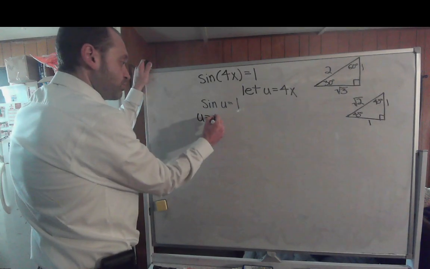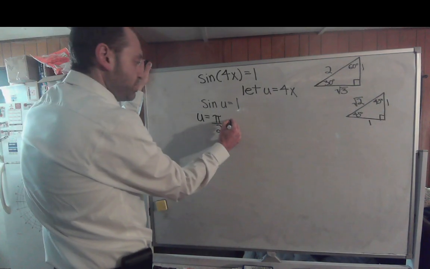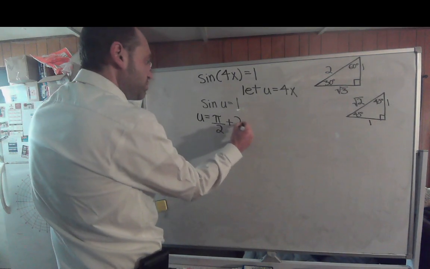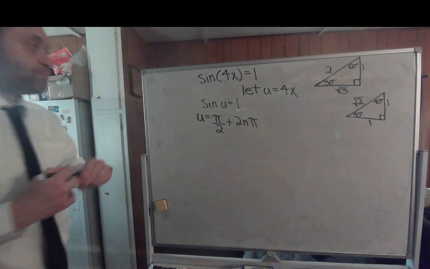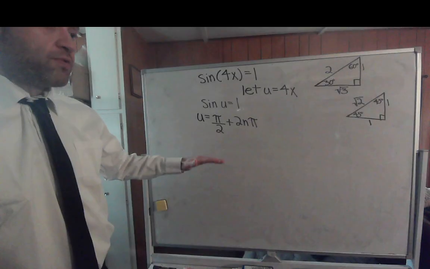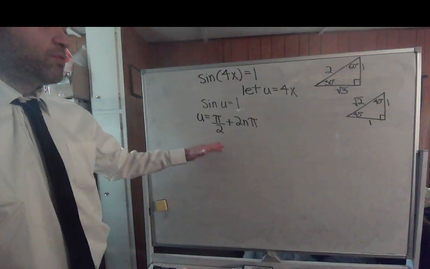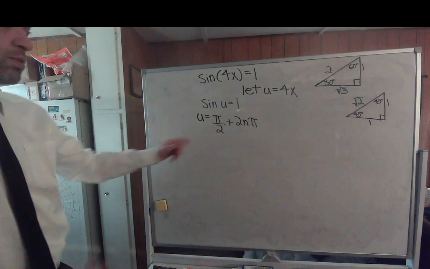So u would equal pi over 2, and then you'd have to go all the way around again another 2 pi because the period is 2 pi, so it would be pi over 2 plus 2n pi. That would give you every angle from negative infinity to infinity that gives you a sine of 1. But we're not done yet. We got to put that 4x in where u is now.